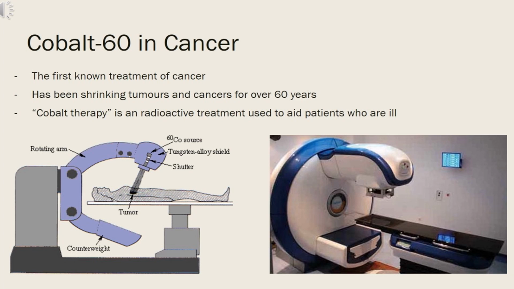To kill the tumor, you can use a radioactive substance like cobalt-60. The radiations that come from it, when focused on the part where there is cancer or tumor, are seen to shrink the tumor or reduce its size. So it helps in treating cancer.